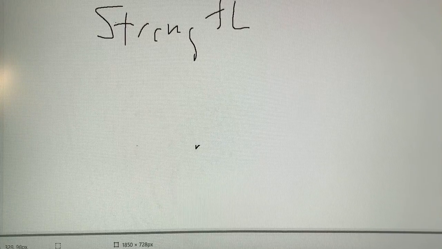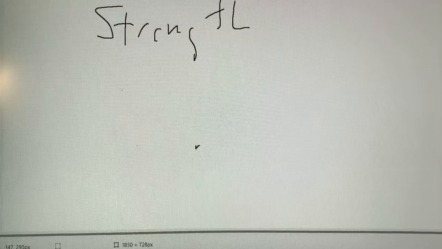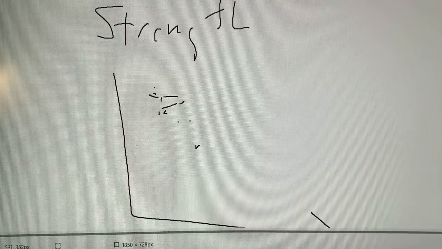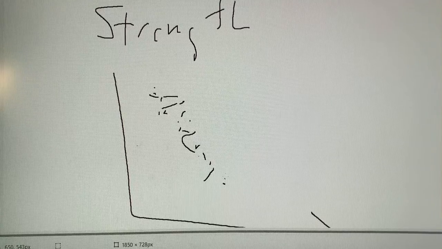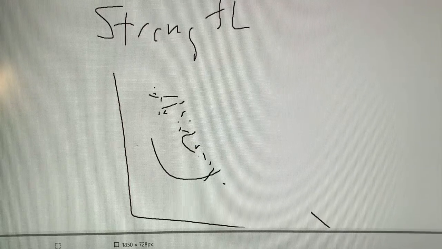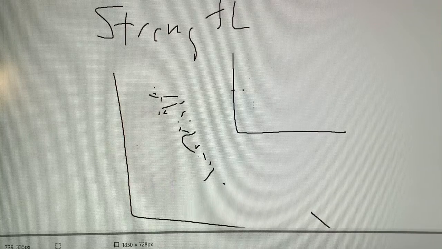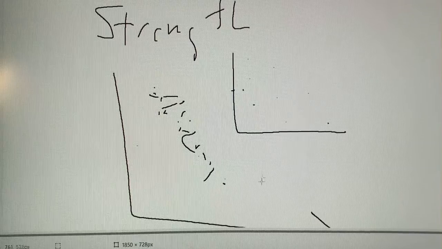Strength pretty much is just the closeness of the dots. If the dots are really tightly packed together, then we have a strong association. If the dots are more loose, then we may have a weak association.